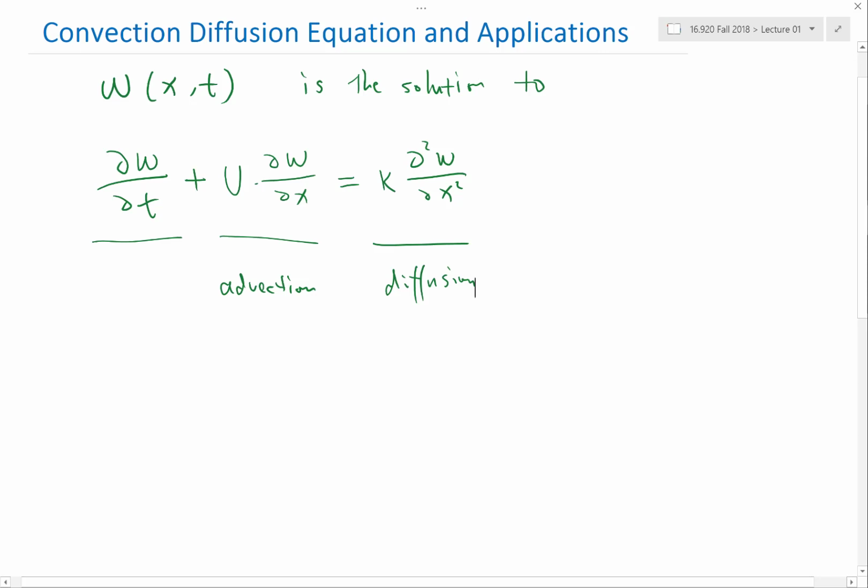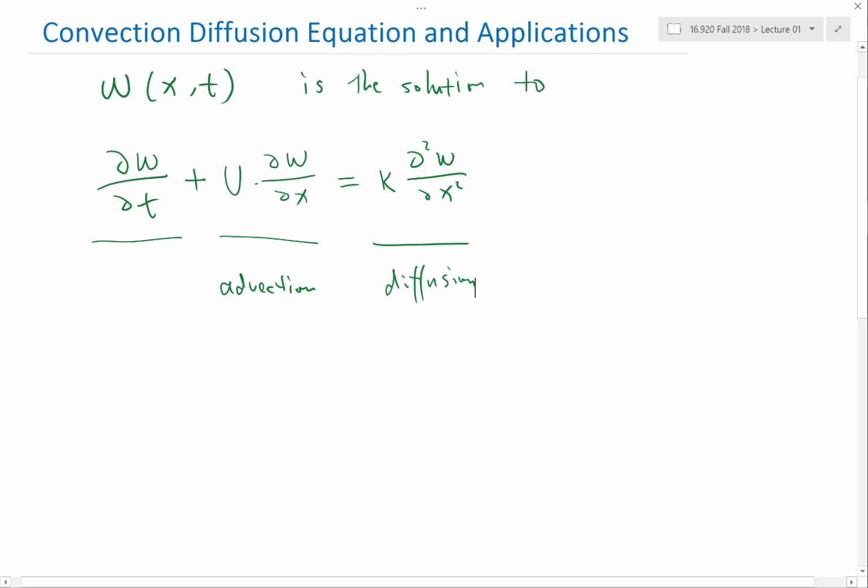In fluid mechanics, that's actually a model of heat or thermal energy being carried over in fluids. So, for example, if w is temperature, then u would be the velocity of the flow, and kappa would be the diffusion coefficient of heat in that fluid medium.